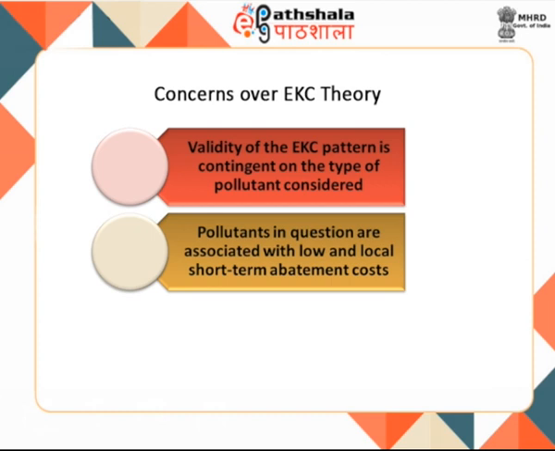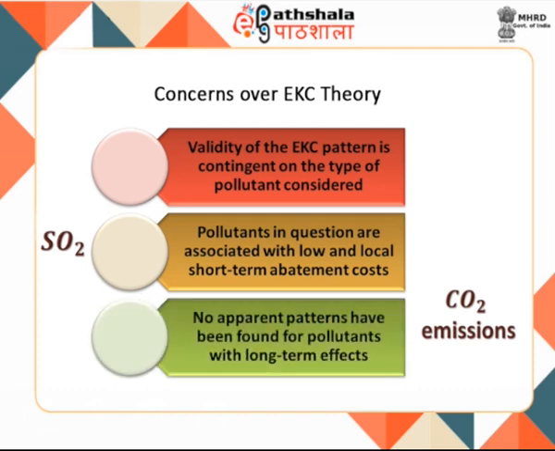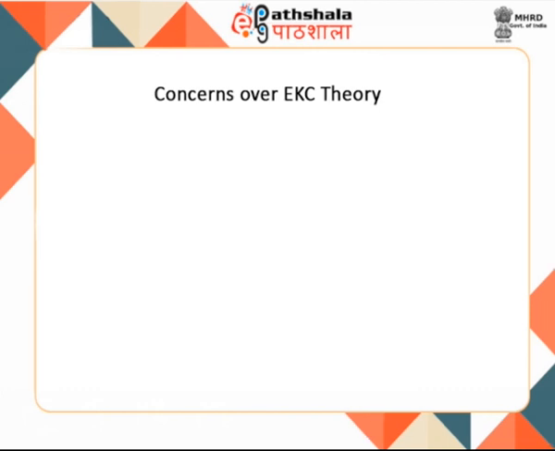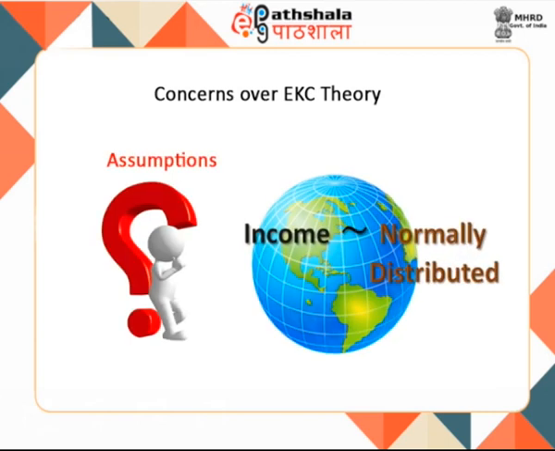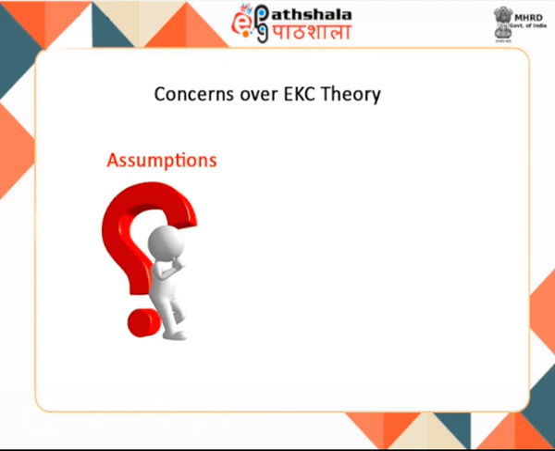Examples of such pollutants are sulfur dioxide, particulates, etc. No apparent patterns have been found for pollutants with long term effects such as CO2 emissions. The fundamental EKC assumptions, such that the world income is normally distributed and that all countries are expected to follow a common developmental pattern, are questionable.